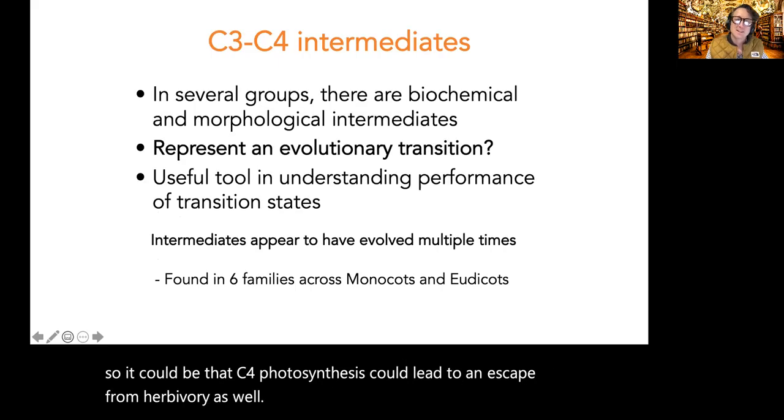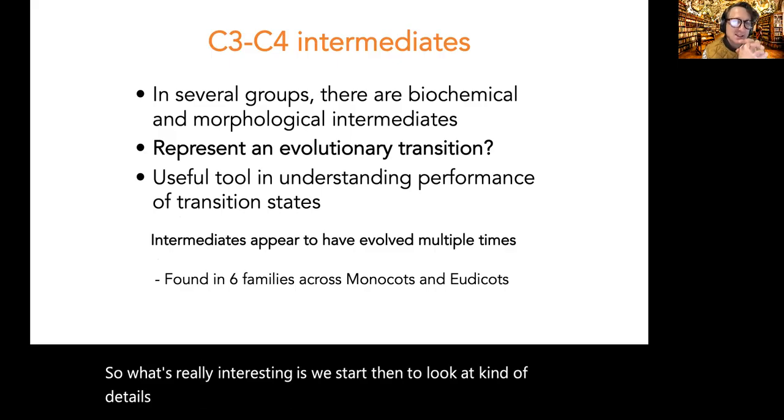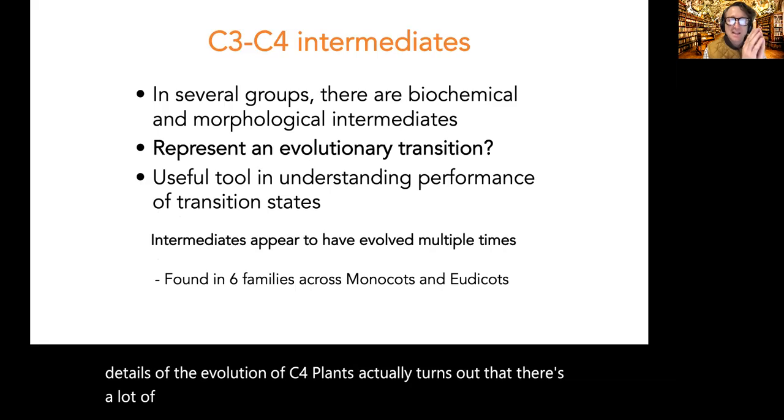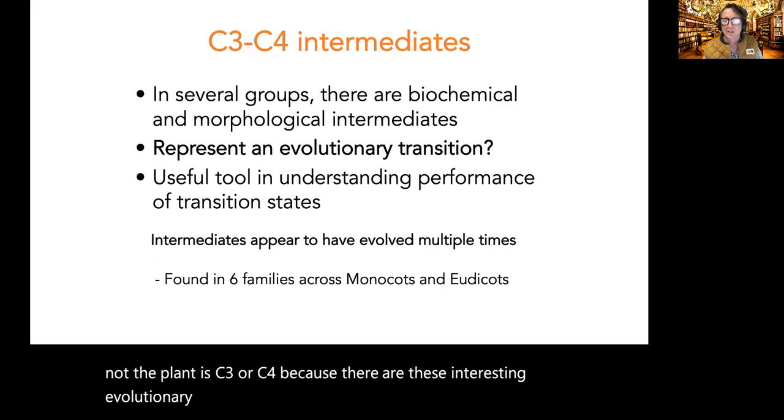Right? And so what's really interesting is we start to look at details of the evolution of C4 plants. It actually turns out that there's a lot of variability. And in many taxa, it's not really clear whether or not the plant is C3 or C4 because there are these interesting evolutionary transitions, possibly with additional intermediaries between the two.